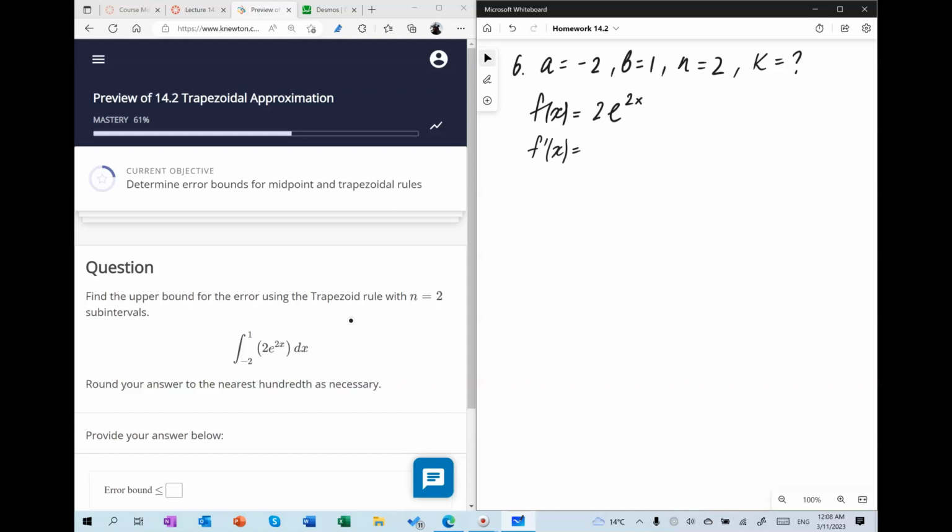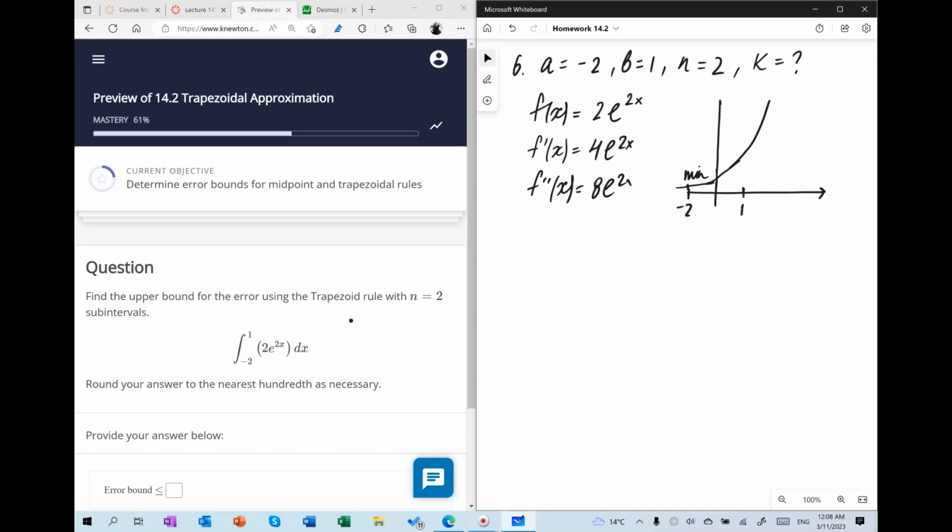So finding its derivative is easy. Finding its second derivative is also easy. We can also, just like before, acknowledge that it's a monotone function. So on the left, whatever that left boundary is, it's going to be the minimum.